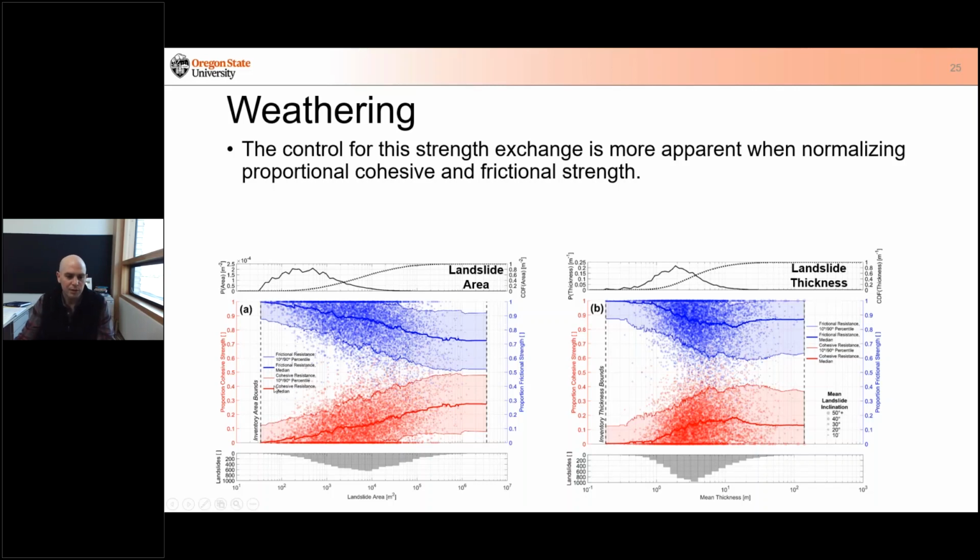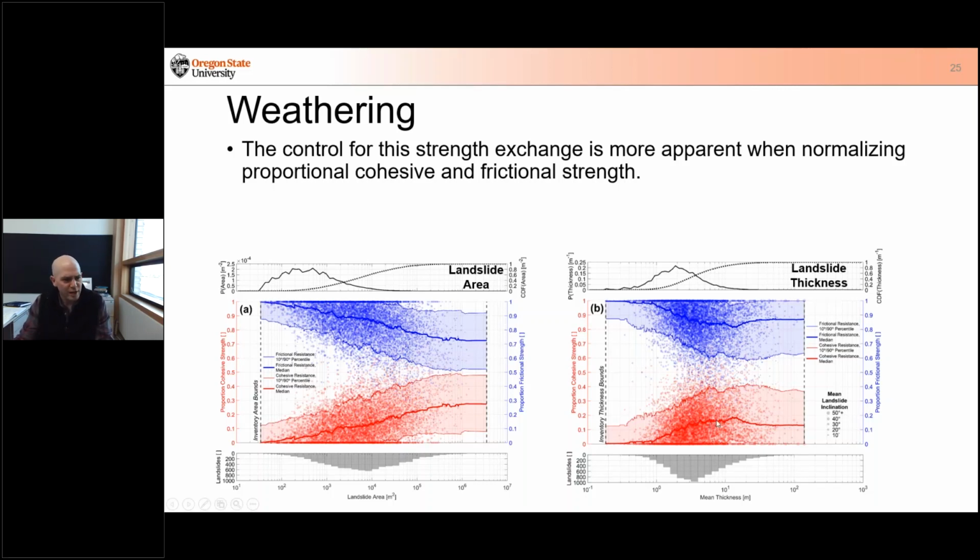What we see is with larger area, we see an exchange between cohesive strength and frictional strength to a level. And this likely owes to that brittle strength we might expect in rock. It's not pure cohesion, although that's a simplification, I admit. It's not purely that. The friction diminishes to some level in comparison to the cohesive or brittle strength.